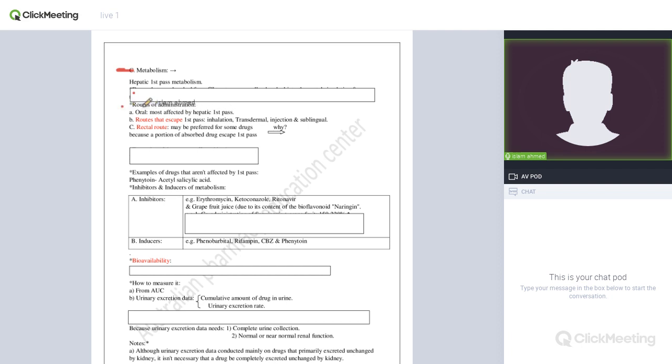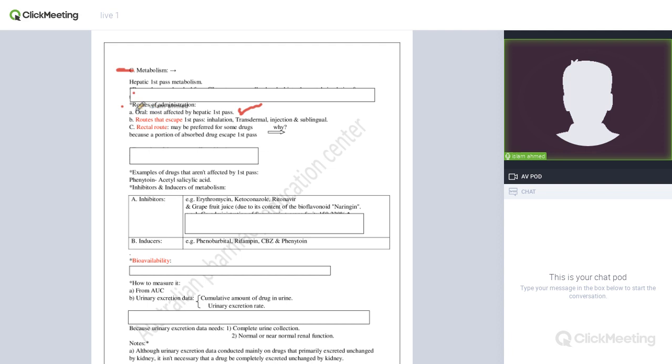So for the routes of administration, the oral route is most affected by the first pass effect.